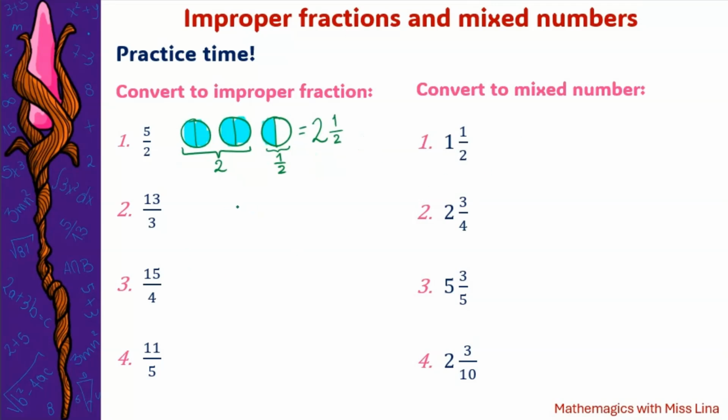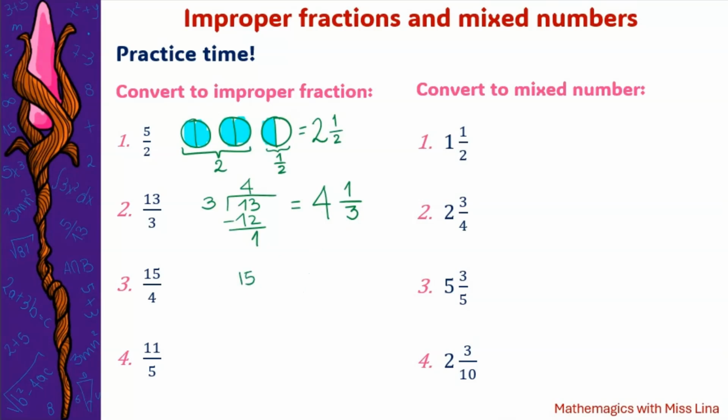For the next one, I'm doing the division. 13 divided by 3. That is 4 times. 3 times 4 is 12. 13 minus 12 is 1. So that means the result is the wholes, 4 wholes. At the top goes the remainder, and the denominator is the same. 4 wholes and 1/3.